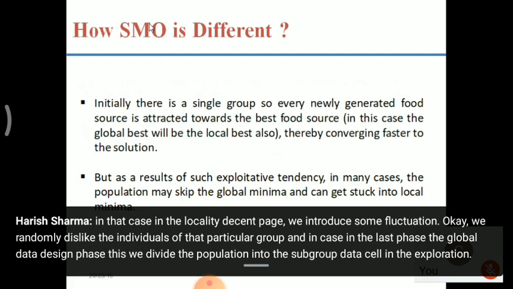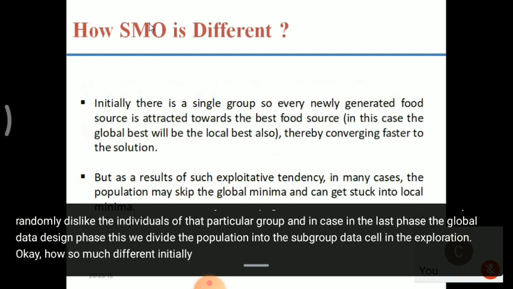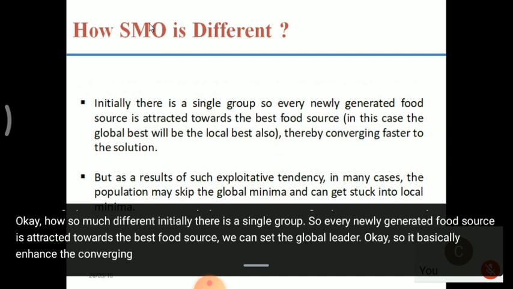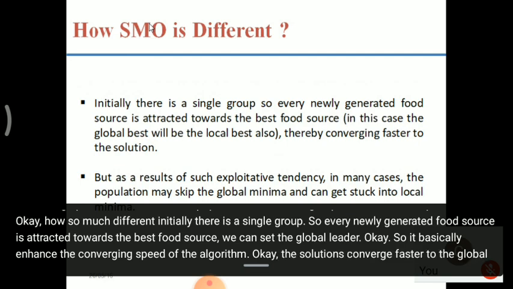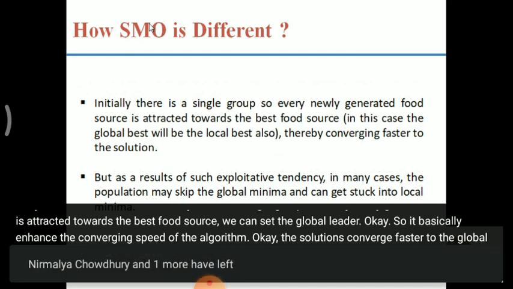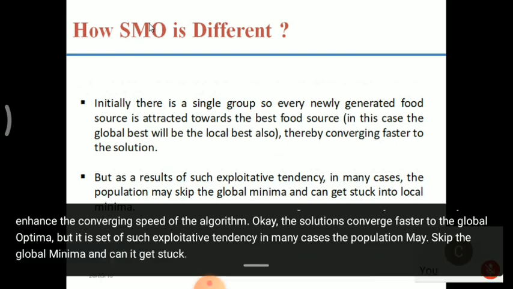How is SMO different? Initially, there is a single group, so every newly generated food source is attracted towards the best food source, we can say the global leader. So it basically enhances the converging speed of the algorithm. The solutions converge faster to the global optima. But as a result of such exploitative tendency, in many cases the population may skip the global minima and get stuck in local minima.